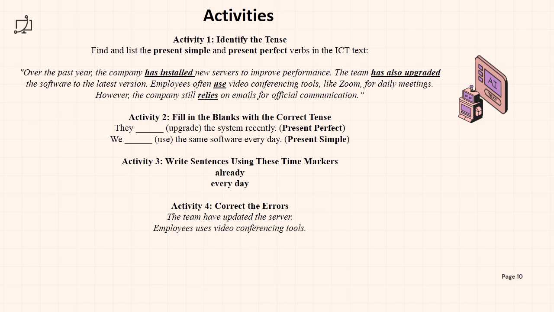That is to say, in the first sentence, you have to use the verb to upgrade in the present perfect, and in the second sentence, try to put the verb to use in the present simple. Okay, for activity 3, write two sentences or more using these time markers, already and every day, but you have to use the correct tense with each of them. And for the last activity, you have to check the error and correct it.